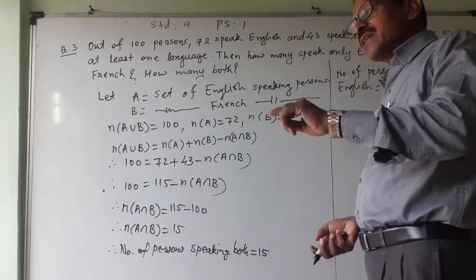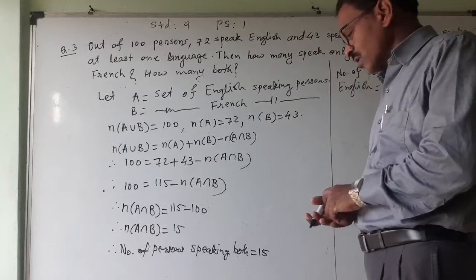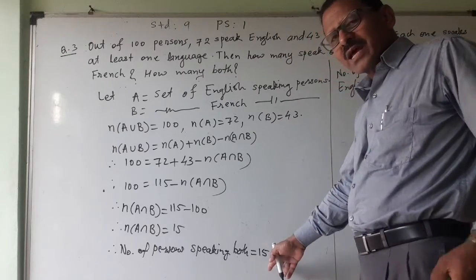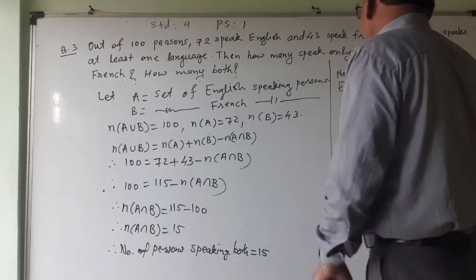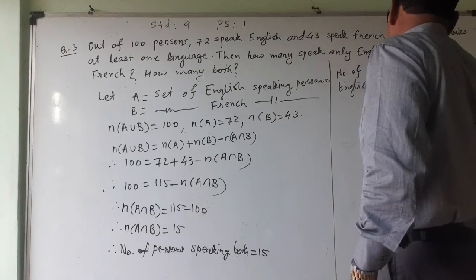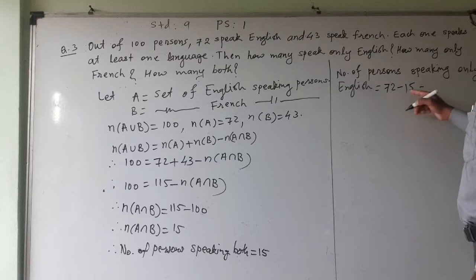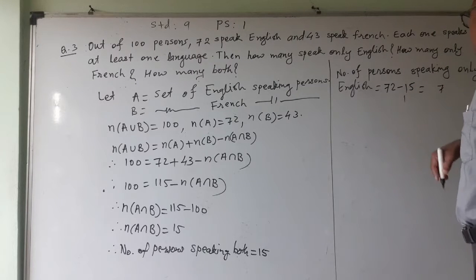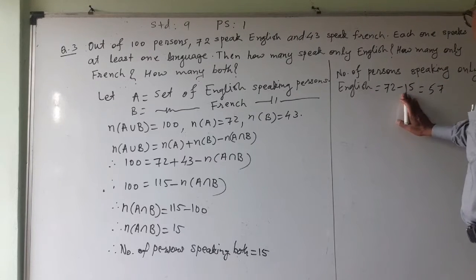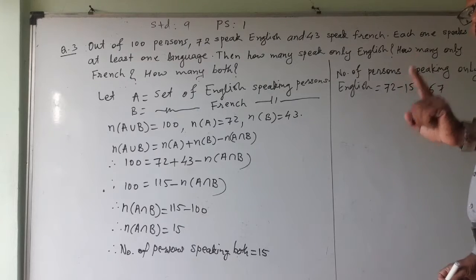They are speaking English, that means they can speak French also. In that, there are some speaking both. So the remaining will be 72 minus those speaking both, so 57 people are speaking only English.